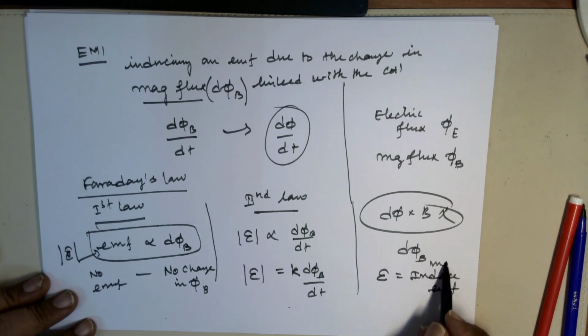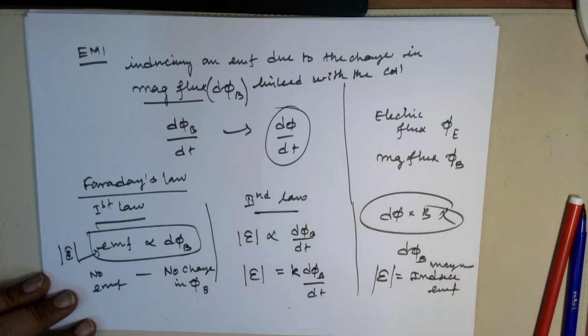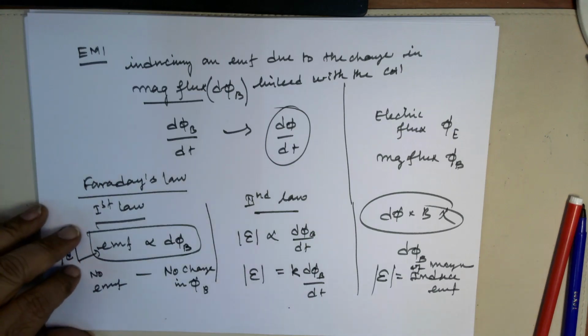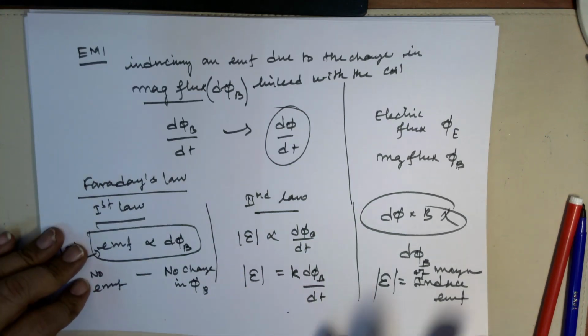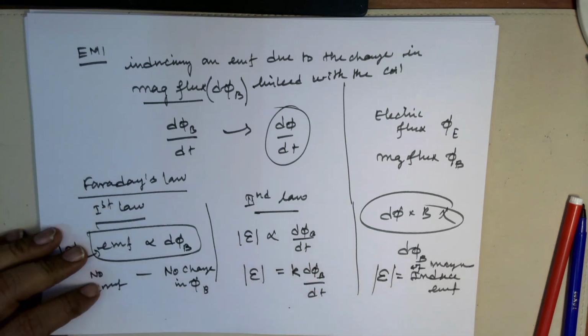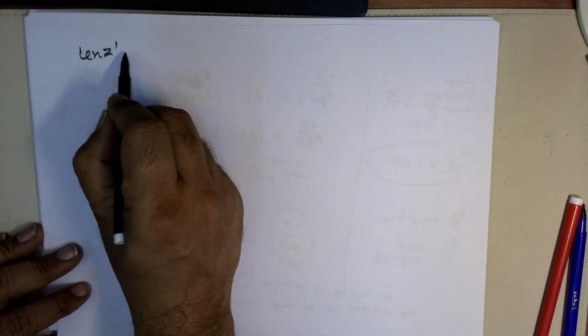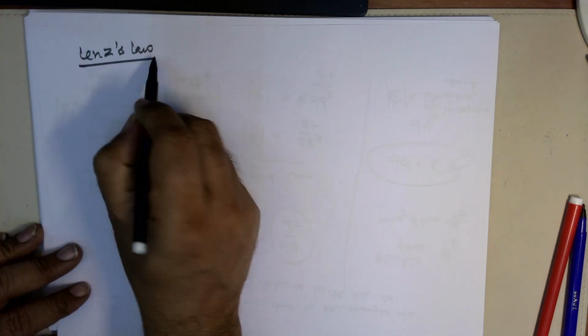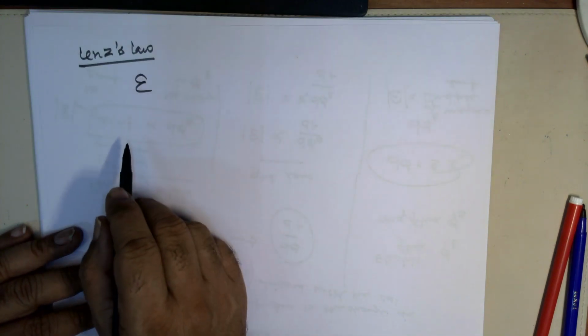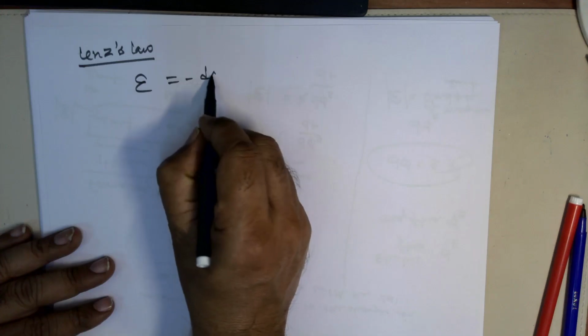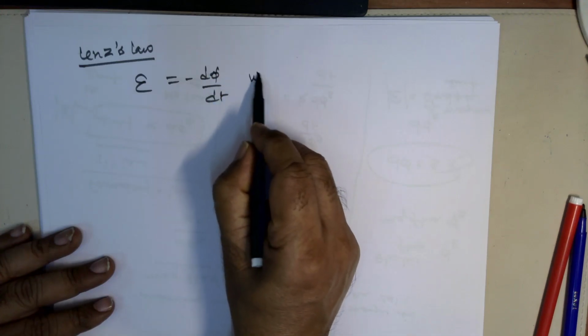The magnitude of induced EMF, when K is equal to 1, is equal to d phi by dt. Then later Lenz corrected the Faraday's law and introduced the minus sign. So he said this induced EMF is equal to minus d phi by dt when K is equal to 1.